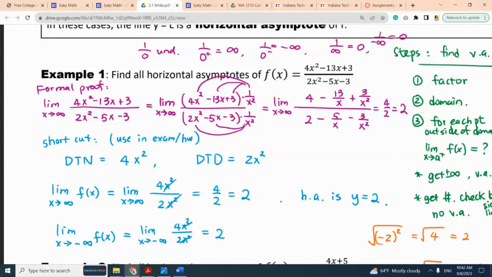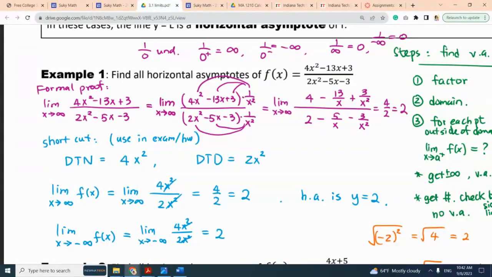Now you're using the fact that 1 over 0 is undefined, 1 over 0 plus is infinity, 1 over 0 minus is minus infinity, but 1 over infinity is 0. 1 over minus infinity is also 0. That's why, when you let x go to infinity, this term goes to 0, this term goes to 0, this term goes to 0, this term goes to 0.